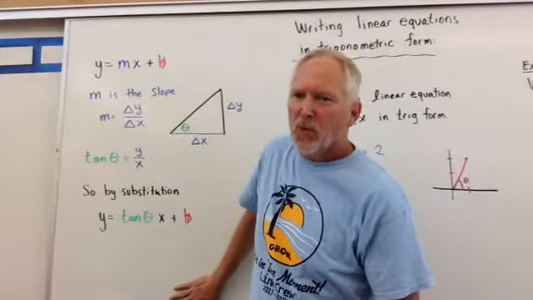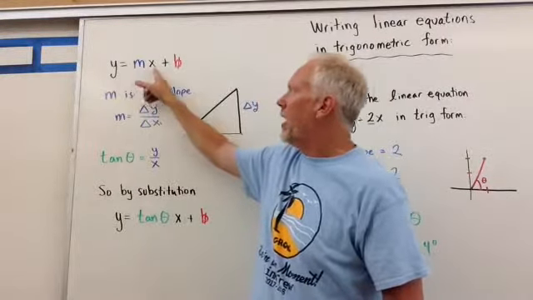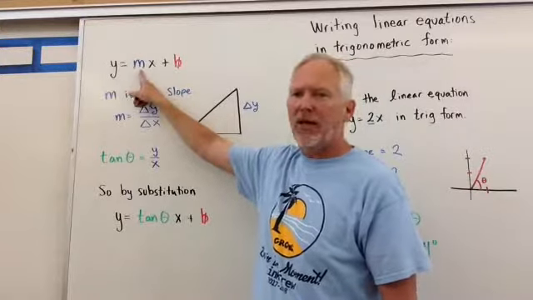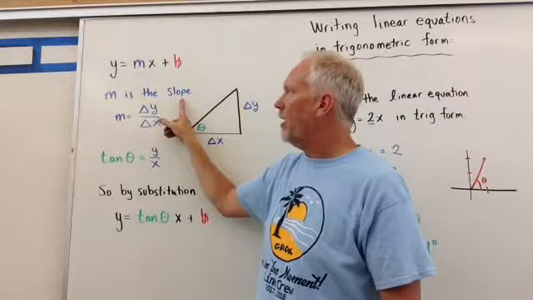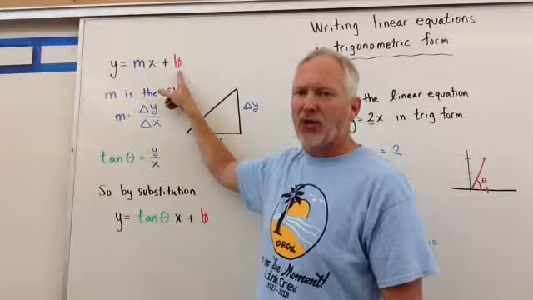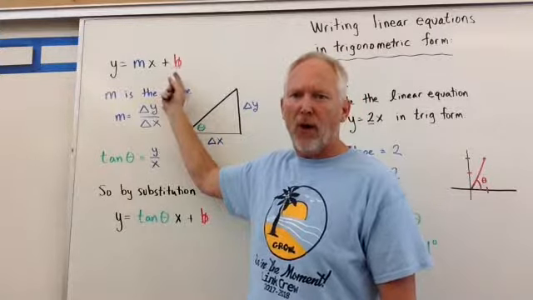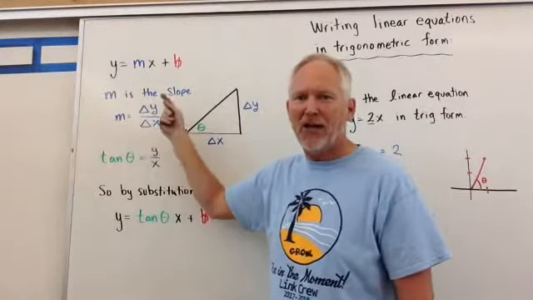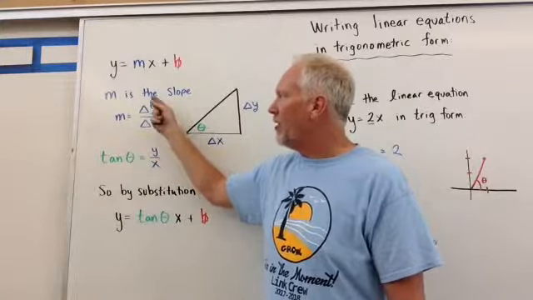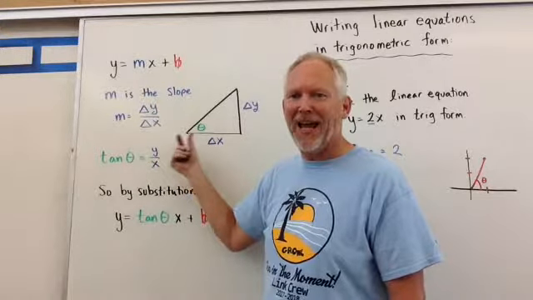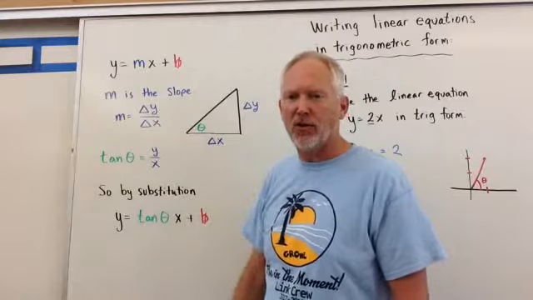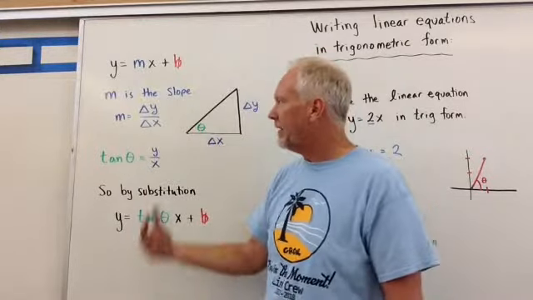It says we have y equals mx plus b, where m is the slope, and b is the y-intercept. We're not too concerned with the y-intercept at this point. What we want to do is manufacture this slope into an angle so we can then start to decipher how to rewrite that function.